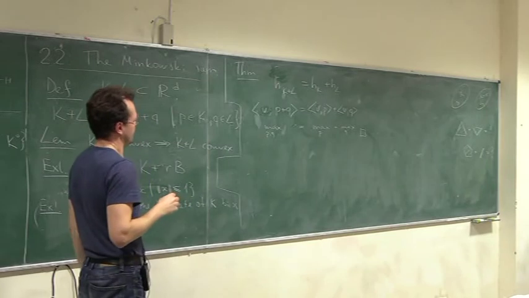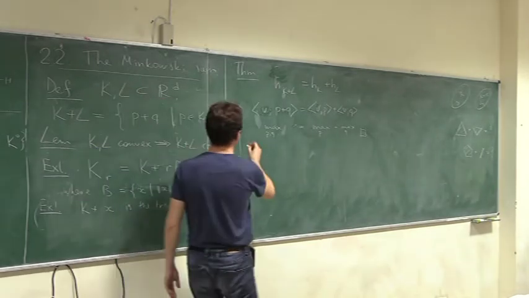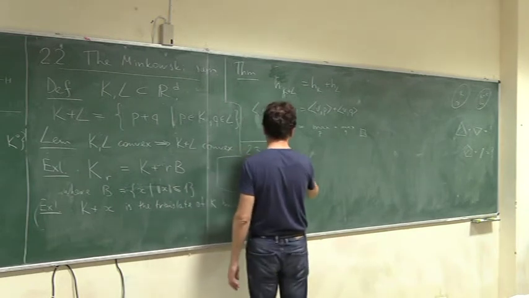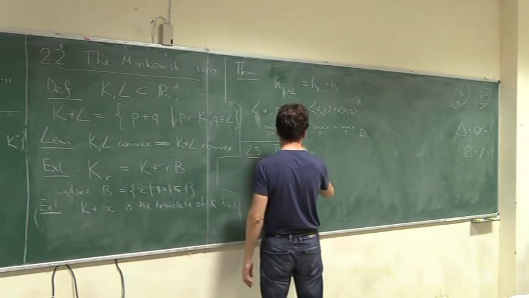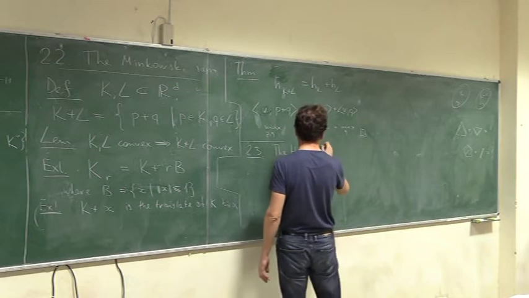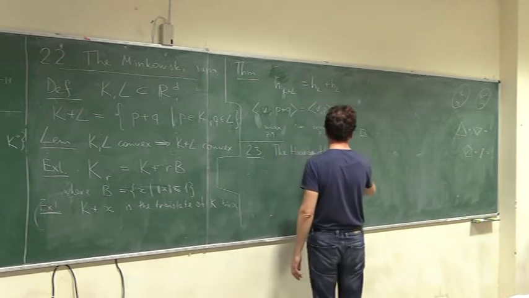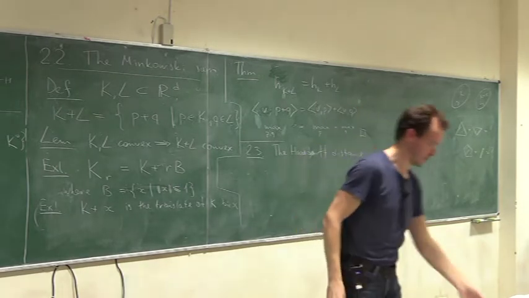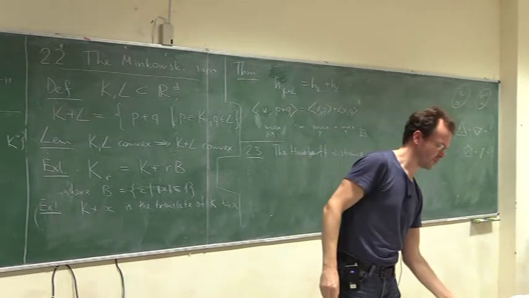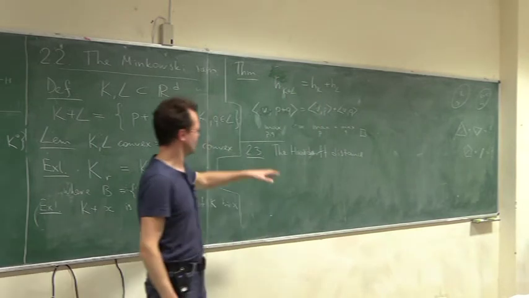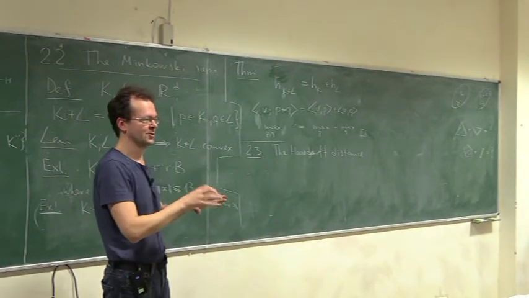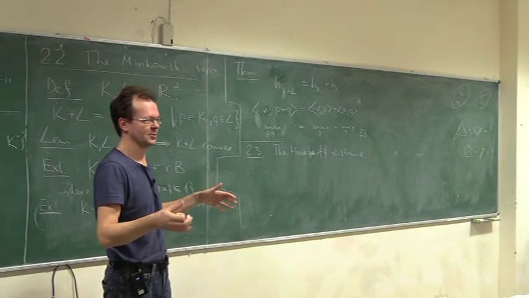Okay. So now the next part is the Hausdorff distance. So who knows how the Hausdorff distance between two sets in the plane or in space is defined?